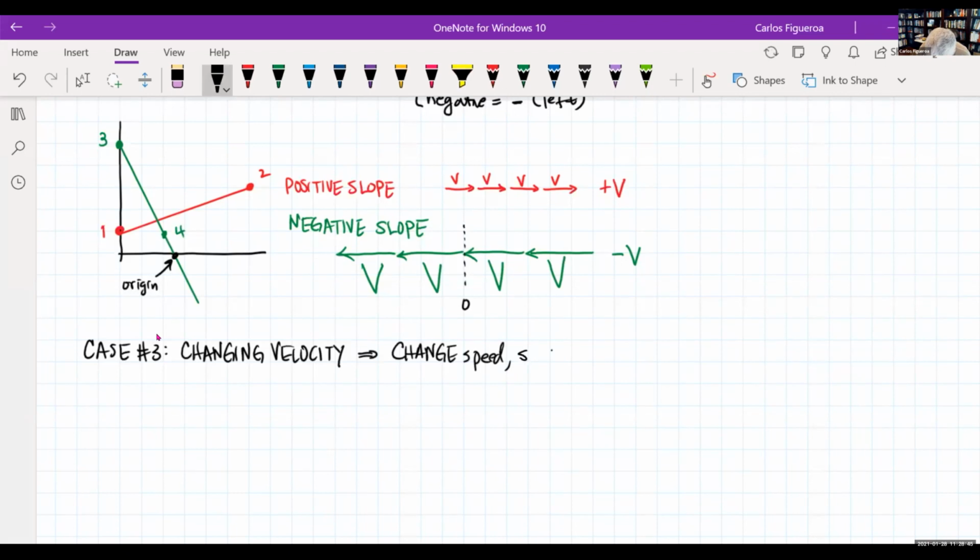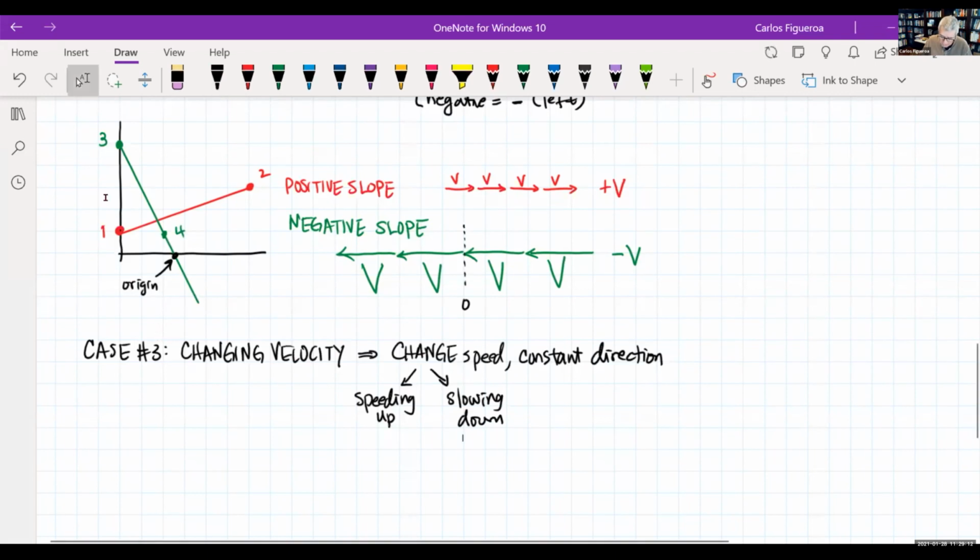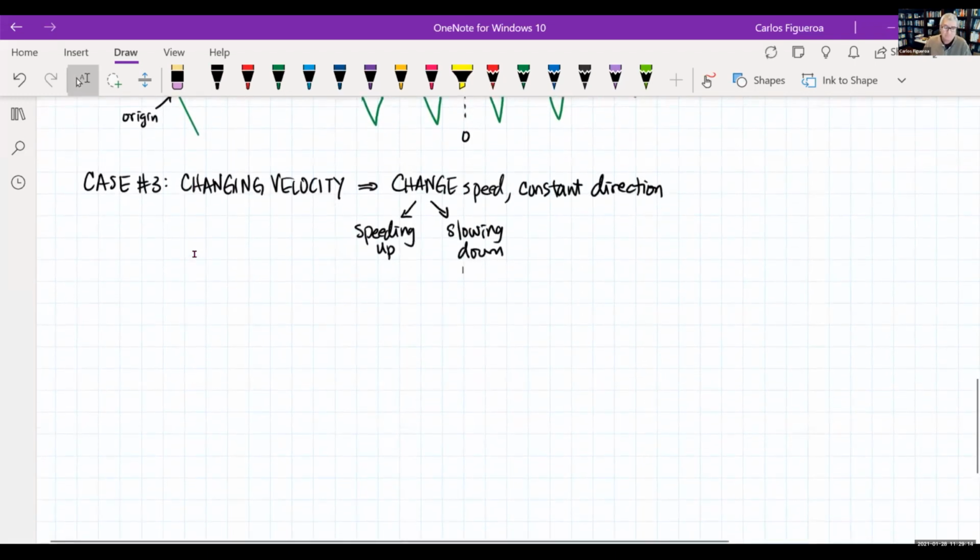The only change we're talking about is a change in speed, with no change in direction. So immediately that tells me that I'm either speeding up or slowing down, right?